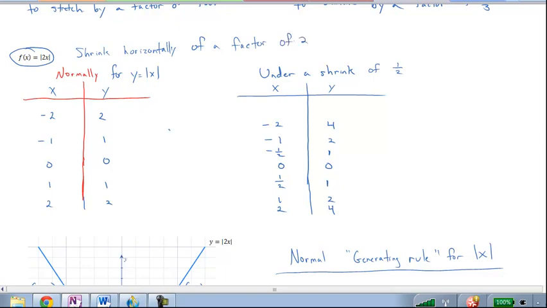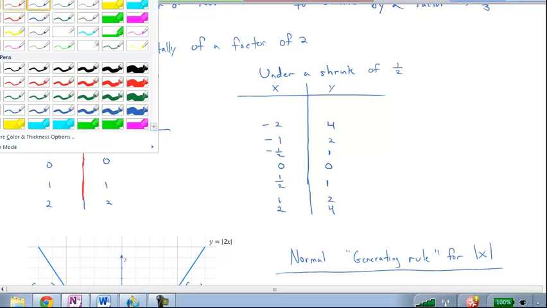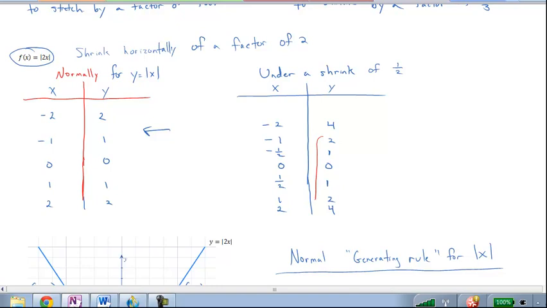The first xy chart you see over here is what would be the regular xy chart for y equals absolute value of x. And so you can track where the heights go. Remember, the heights are supposed to stay the same. So here are the heights of y equals absolute value of x in the new function y equals absolute value of 2x. Take a look at what their corresponding heights are.